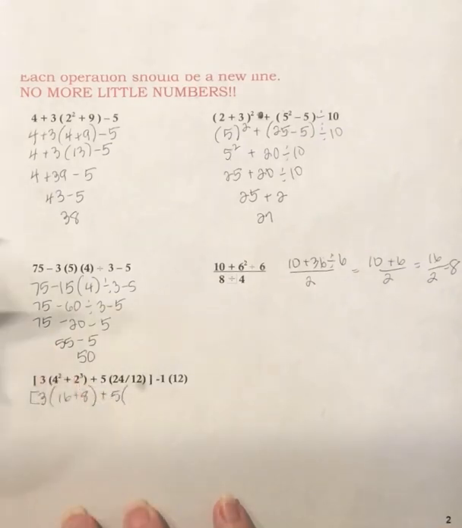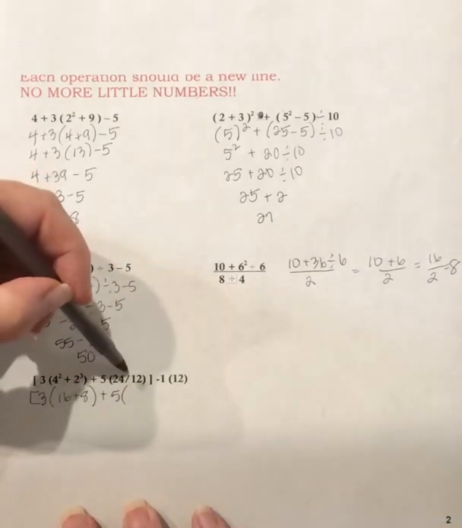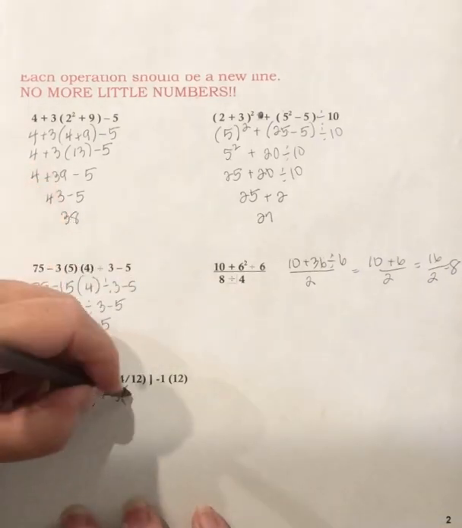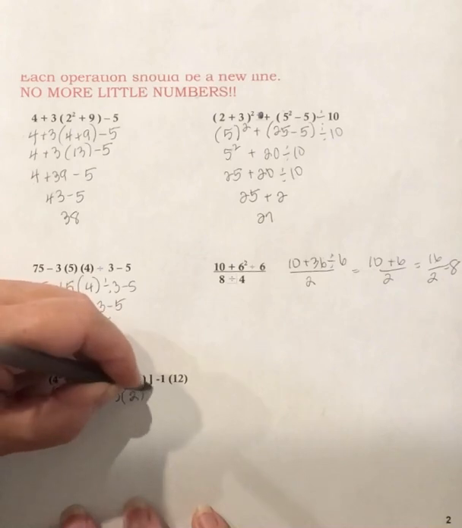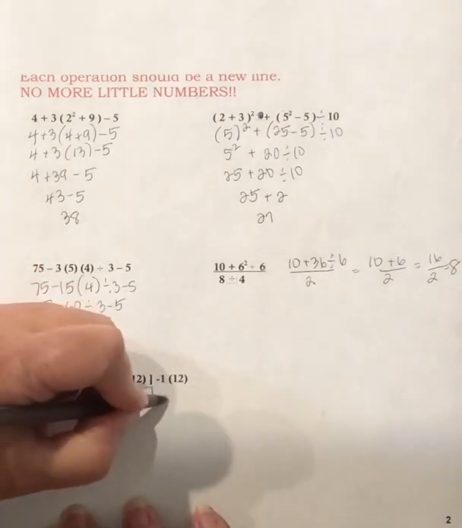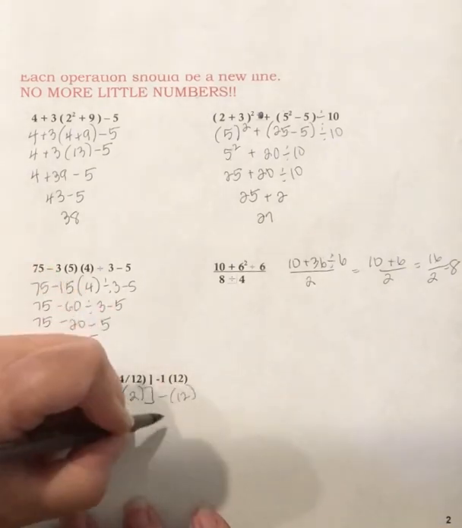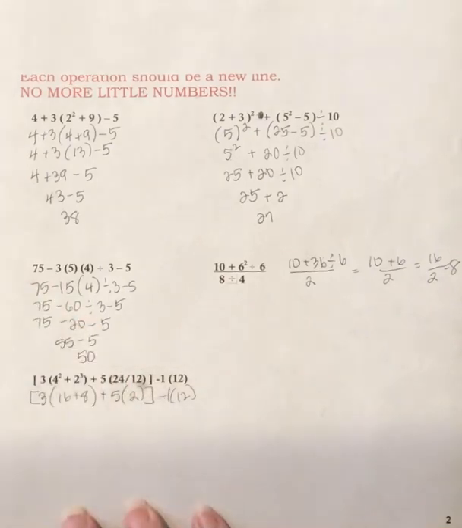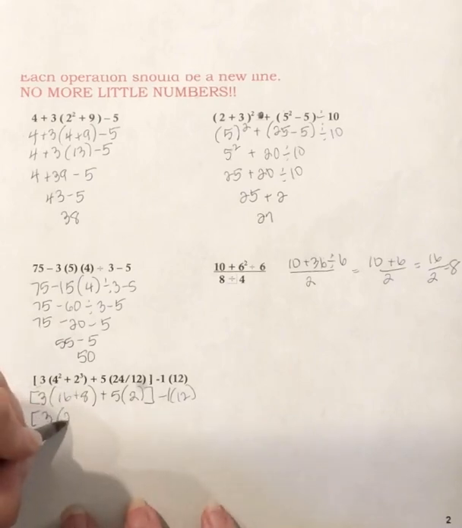I'm dealing with my parentheses first. This is 24 divided by 12, which is 2. Closing off that, and I'm just going to keep recopying what's out here. I still have some things to deal with inside these big brackets. Okay, 16 plus 8 is 24.